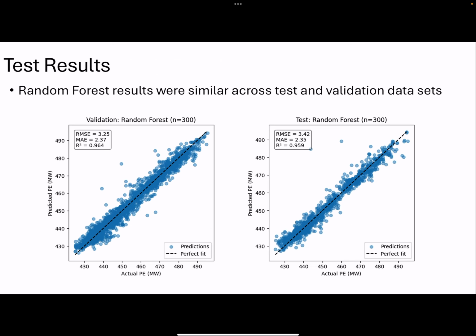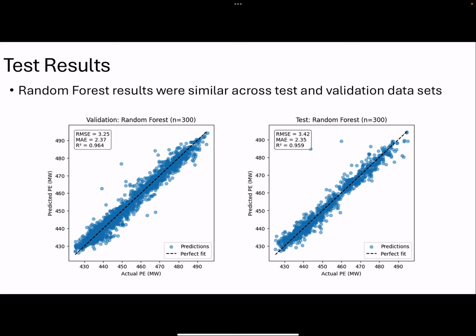Now, I had mentioned that once I picked the model that I was going to use, the random forest model, I ran it through the 10% of test data that I held out of the training and validation. And we can see from the initial validation that we saw on the last page for random forest, the test that was run performed almost just as well with an R squared of 0.96 in both scenarios.